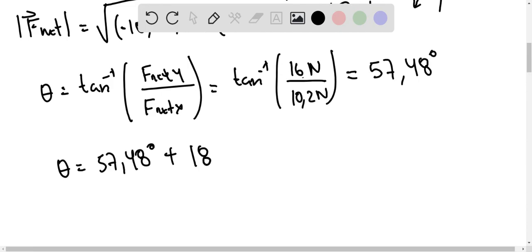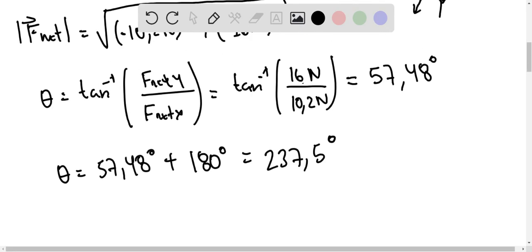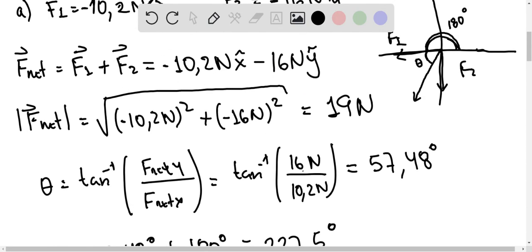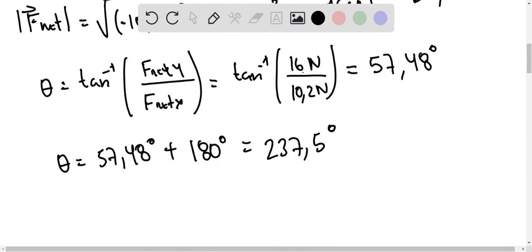This will give us a value of 237.5 degrees. This is the angle of the net force.